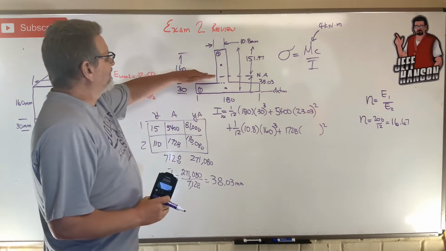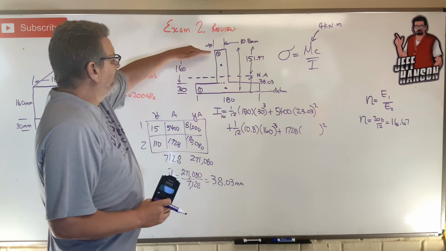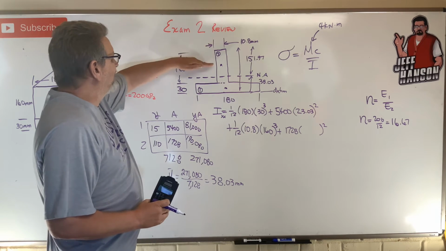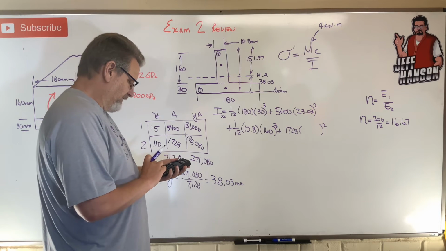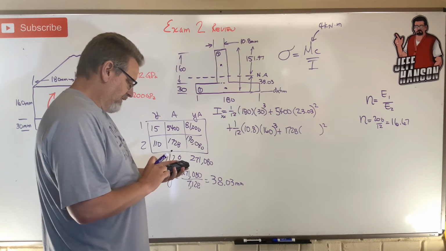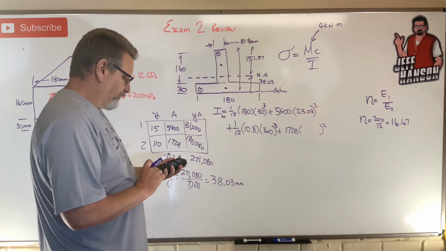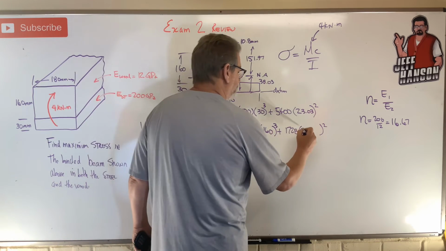And that is 151.97 minus 80, right? So 151.97 minus 80 equals 71.97.